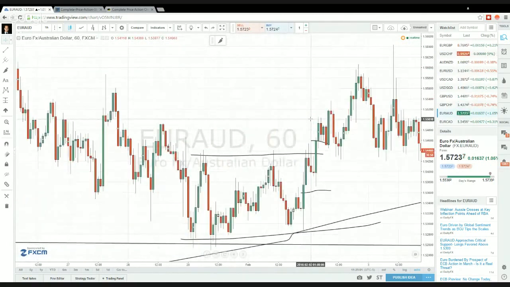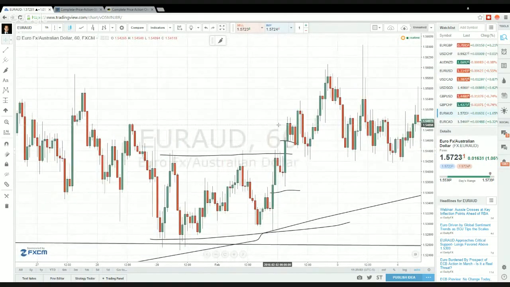And I talked a lot about this earlier this week. I had a trade on the USD Singapore dollar, and the trade completely went in the opposite direction, but I still made money because I had two take profits. I had one set closer to the previous resistance zone, and the second one was further.